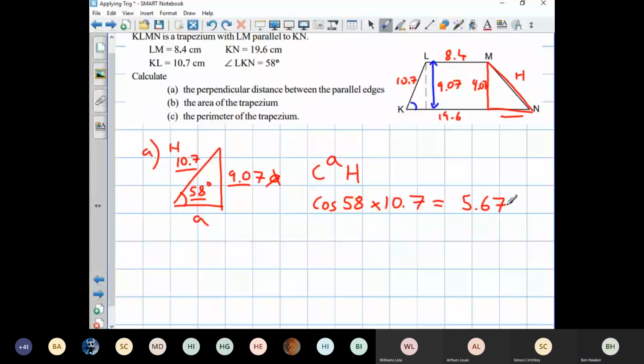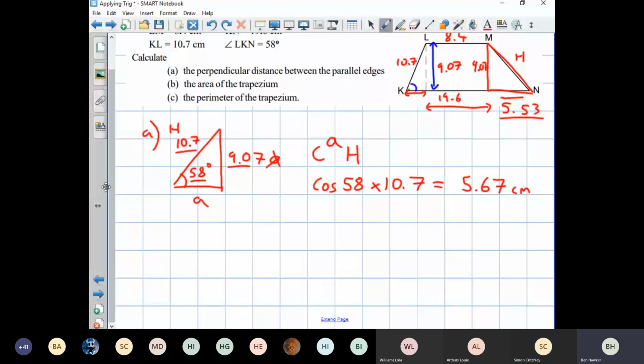I then want to think about, well, if this part is 5.67, this part is 8.4, because I know that from this value here, then I can work out what that final bit is, and I just do 19.6, subtract 8.4, subtract 5.67, and I get 5.53 as my answer, and therefore I can now work out the hypotenuse.